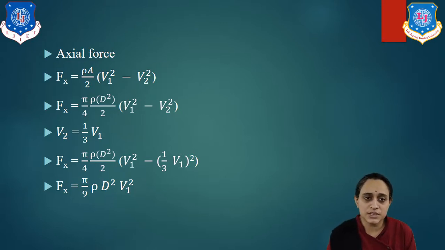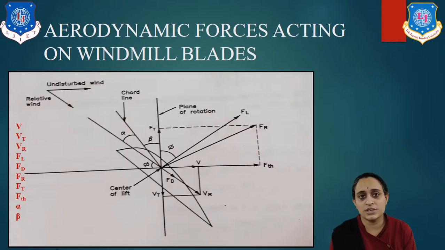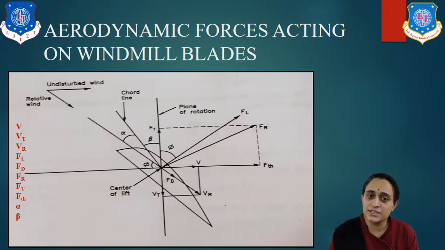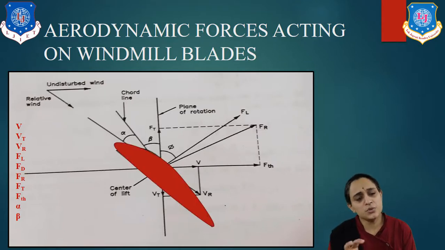Now as you see, consider the blade as shown in the diagram. This is the blade. In this diagram, I modified this diagram so that you can understand it. So here it is the blade. Now it is moving on this plane, which is the horizontal plane. We are considering the horizontal plane, and the wind flows tangentially, and this wind flow is known as tangential wind force or tangential velocity.